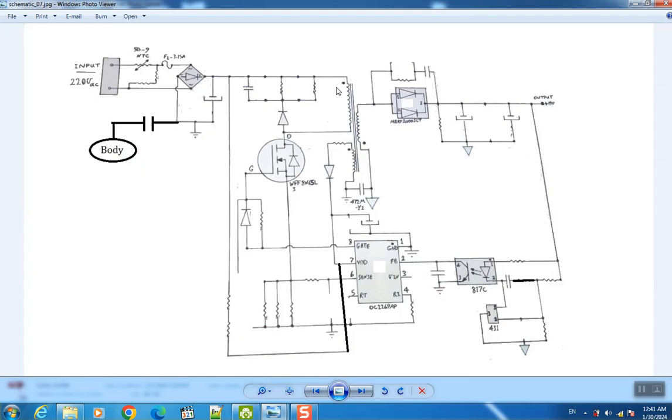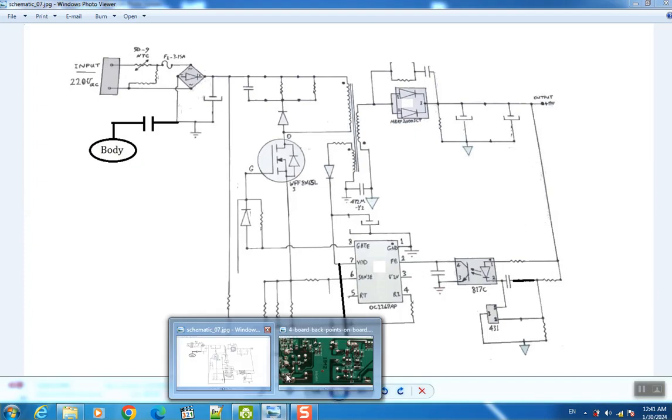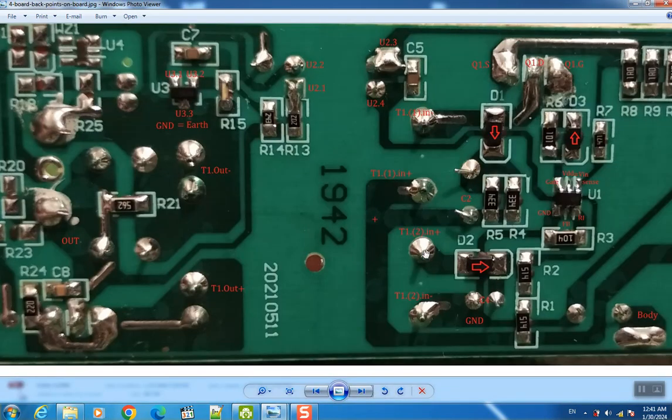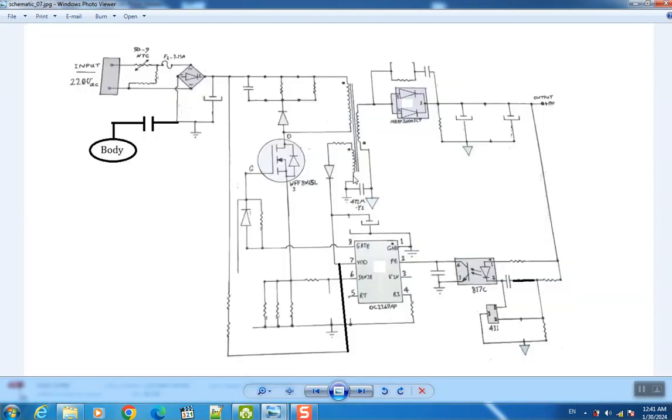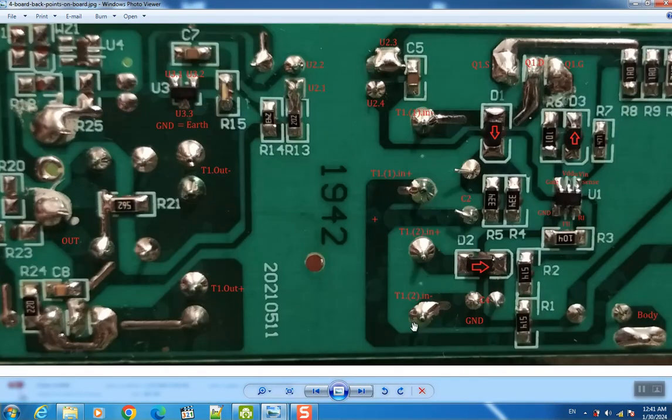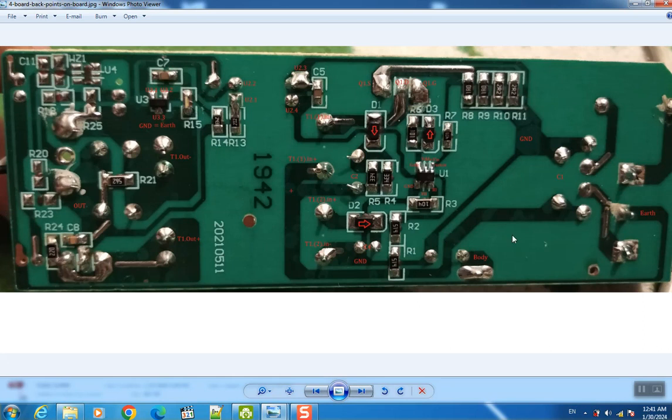These pins plus and minus input, or these ones, T1 2 input plus, T1 2 input minus are these ones, and other pins I have determined.